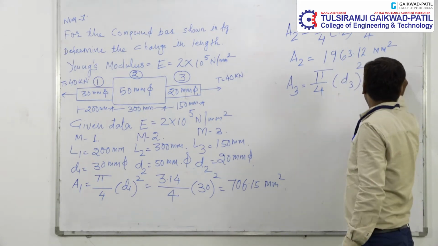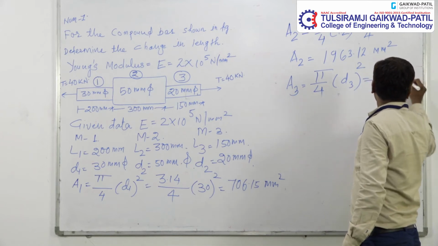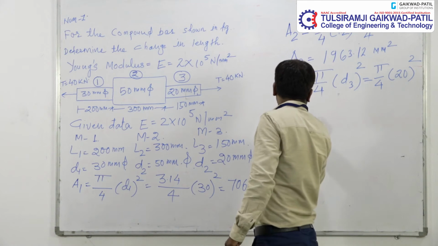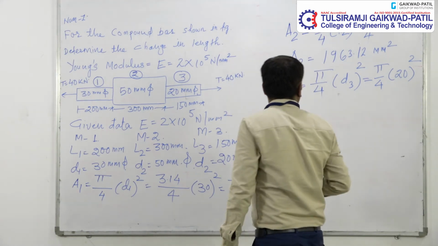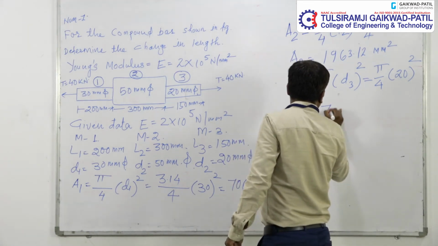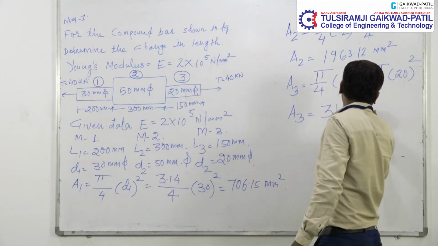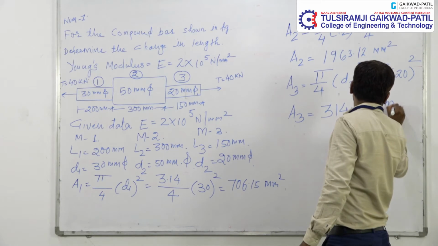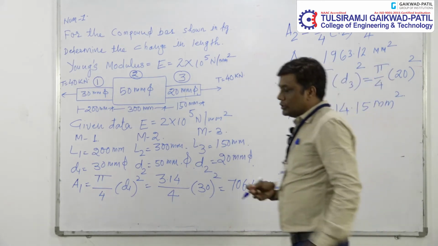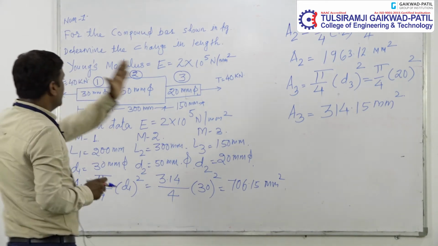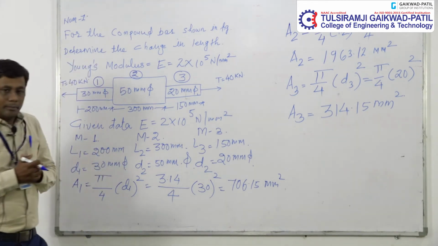It is 20. So 20's whole square. So here the value of A3 will be, on calculation, 314.15 mm square. Okay. So this way you can first calculate the area for the given materials.